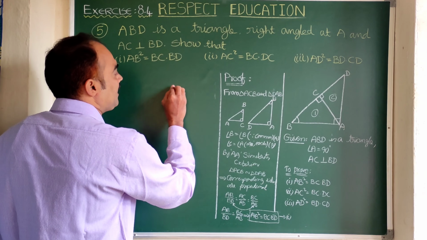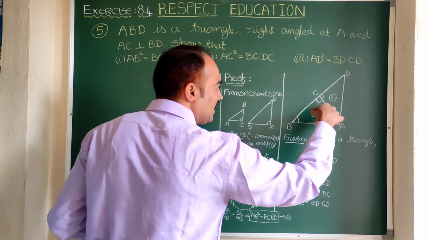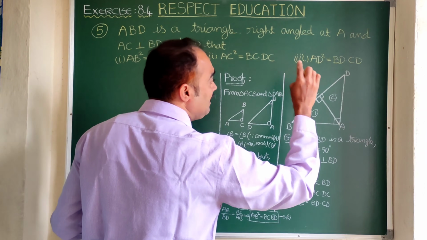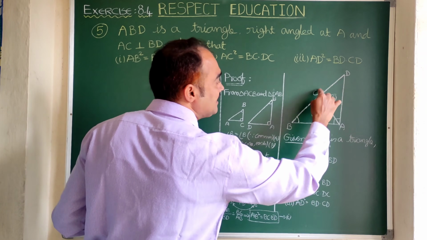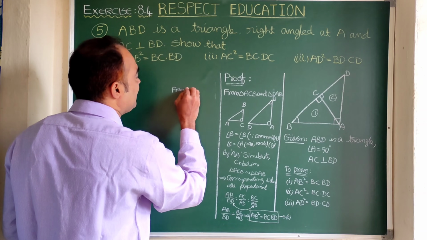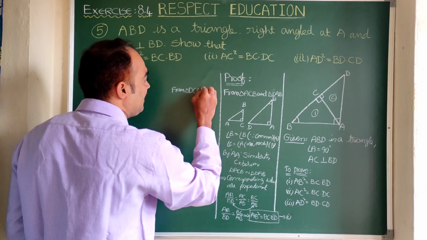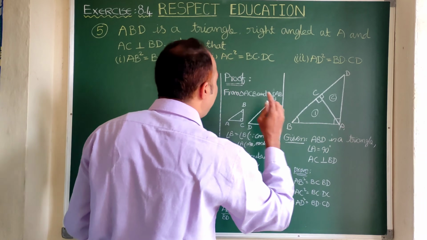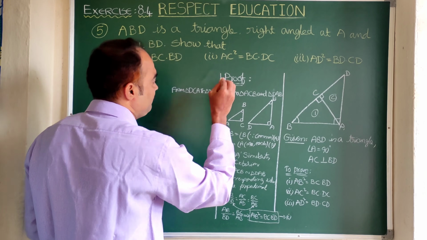Here I am going to compare the second son with the father. The second son means the second triangle, triangle ACD, or we can say DCA, and the other triangle is DAB.